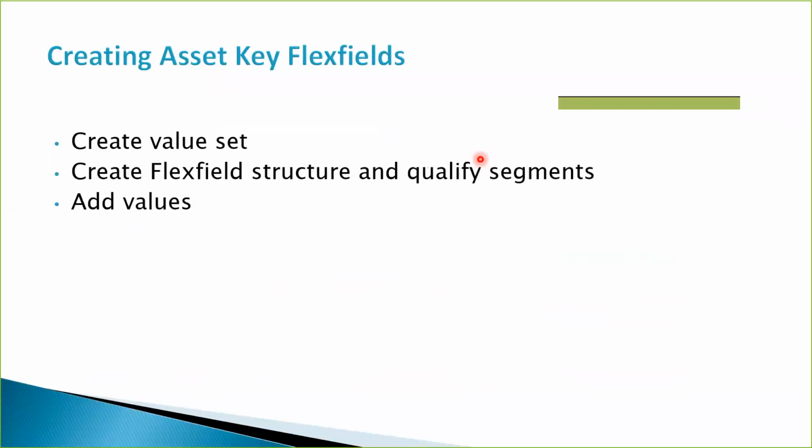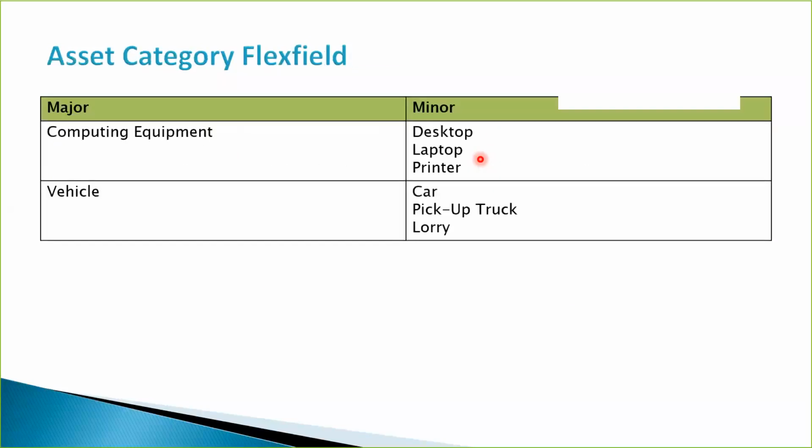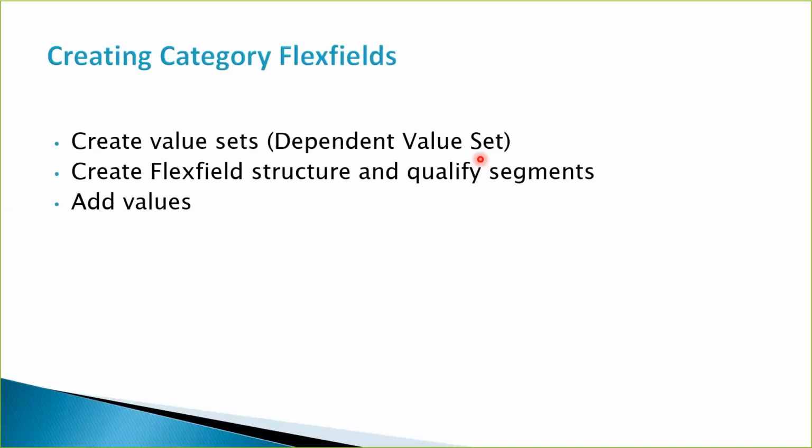So next is going to be creating these other key flex fields. The path is basically almost the same as the one for the category flex field. Okay, so that's going to be pretty fast to do, but we are well on our way on our setup.